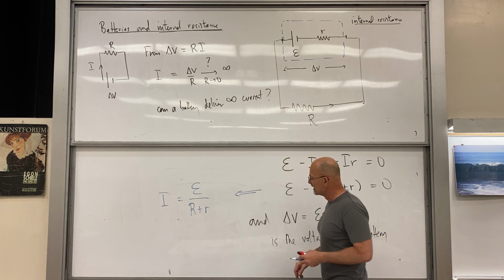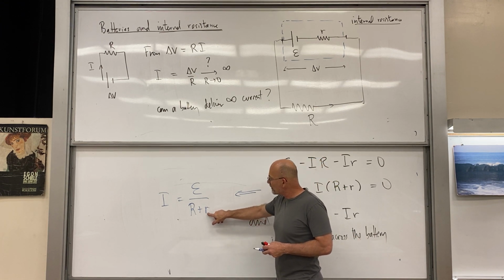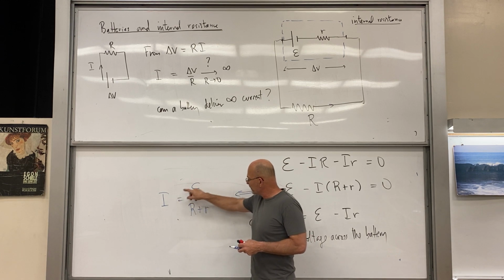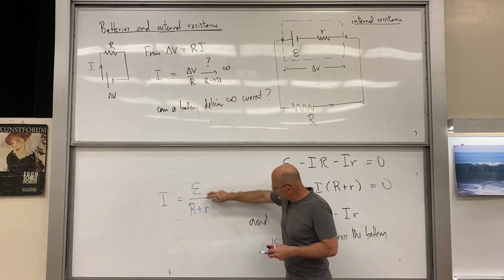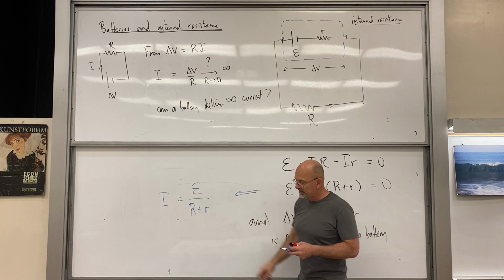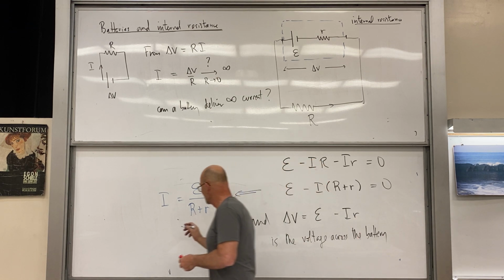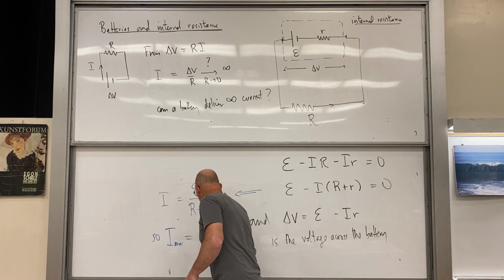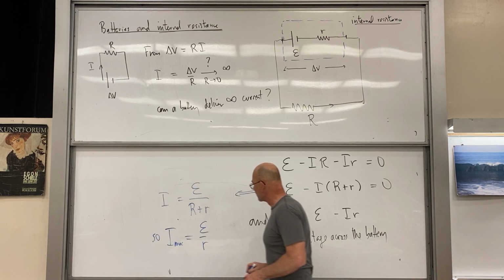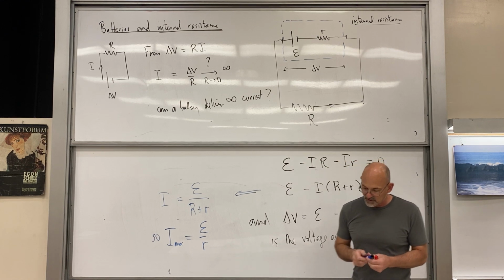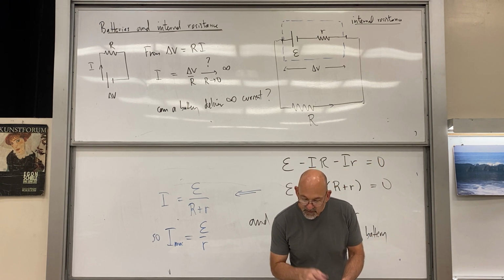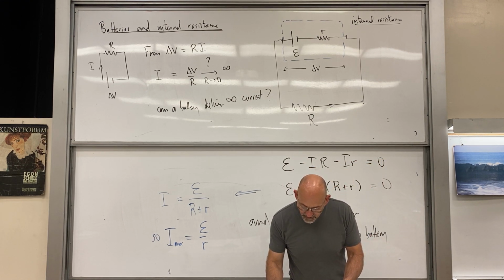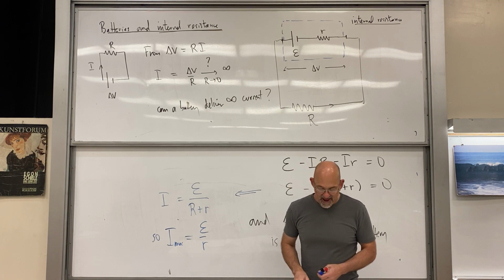Okay. So in fact, your maximum possible current would be this voltage divided by that internal resistance. So that answers our question. The maximum that a battery can deliver is E divided by r, with that being the internal resistance. I think we'll leave it at that.